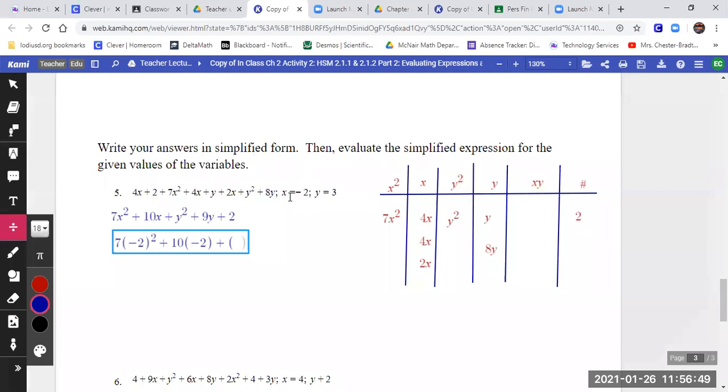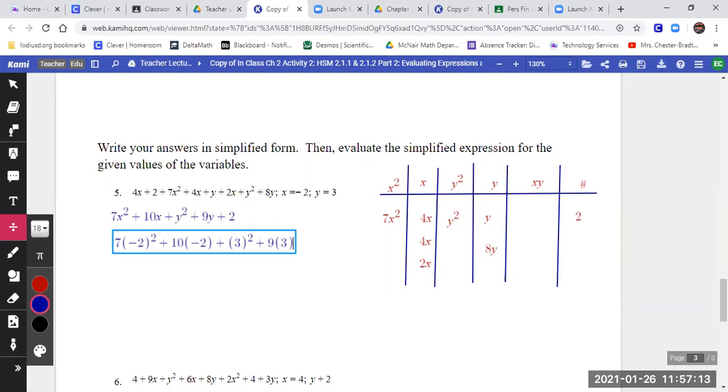They told me up here that my x was -2. What did they say my y was worth? +3. So in parentheses, I put the 3 and it's squared, right? Plus a 9 times a 3.